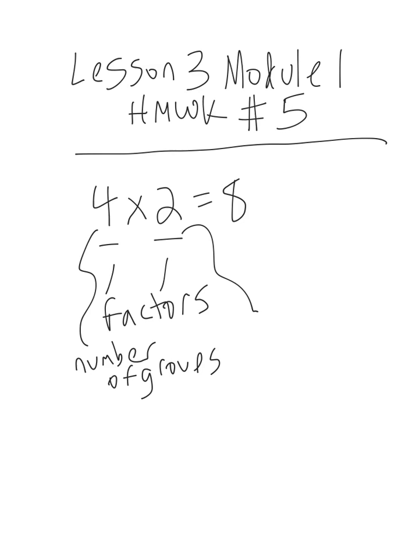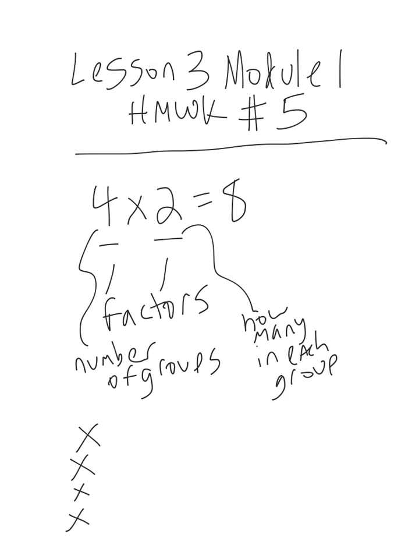And this 2 stands for how many in each group. So if we're drawing an array for 4 rows of 2, it would be 4 rows and 2 in each one. And so this would represent 4 times 2 equals 8.